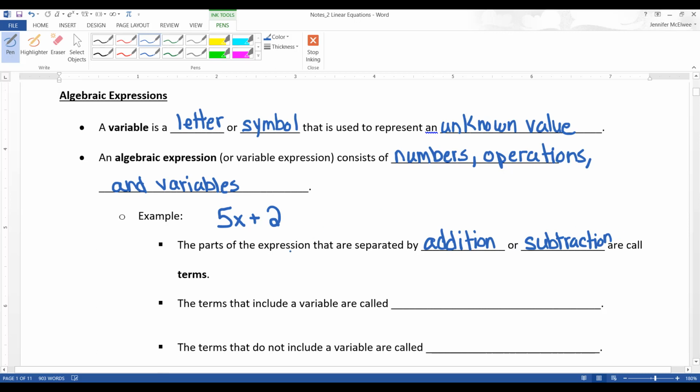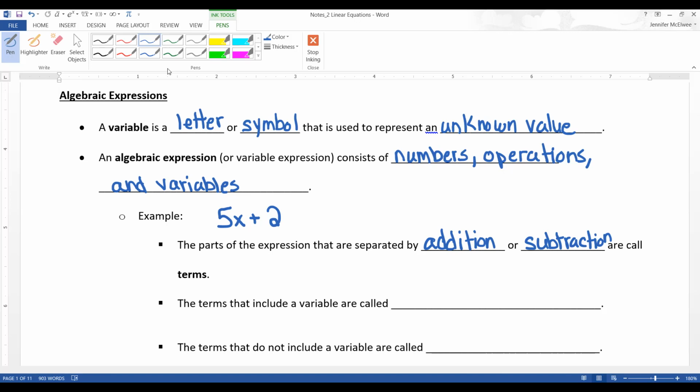If you were to look into any definition in a math textbook, they actually tell you that terms are only separated by addition. This is because subtraction could always be converted into addition by adding the opposite. Remember, keep, change, change. If we look at the expression that I've written down as an example, this expression has two terms, 5x and 2.